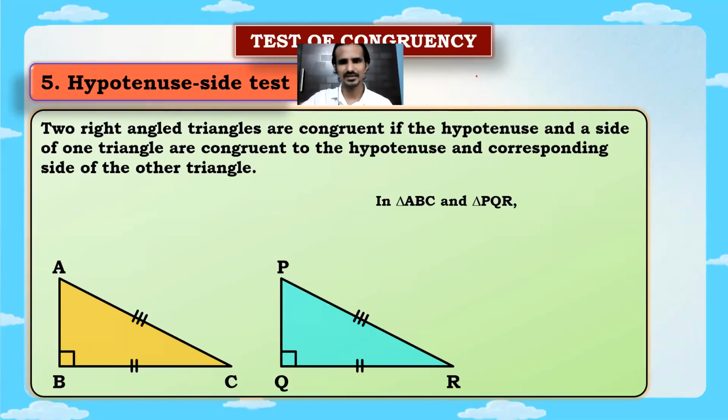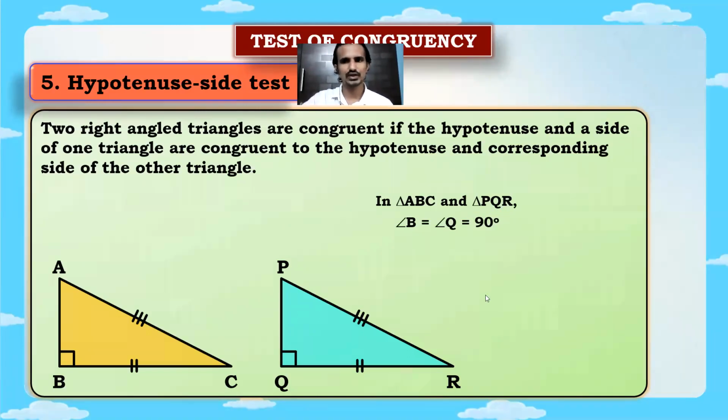Okay. So in triangle ABC and PQR, angle B and Q, they are right angles. So angle B equal to Q equal to 90. Now understand one thing. Instead of writing congruent, we have written equal. Now why equal? Because we have written their value. जब आप कोई भी numerical value लिखते हो ना, you are supposed to put equal to sign and not congruent sign. All right.